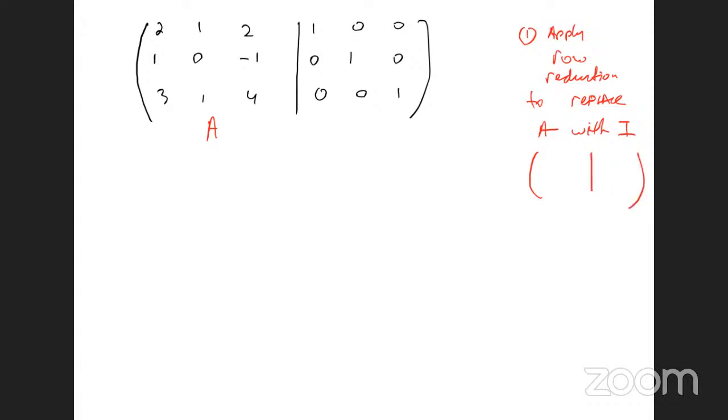Your final matrix will look like this: here's I and here's the inverse of A. So your original matrix looks like this, and when you apply row reduction, it looks like that.